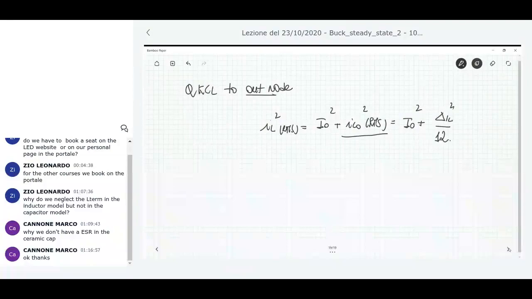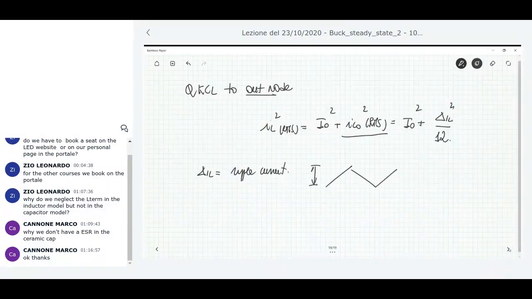Of course, delta IL has a specific expression, that is, V over L, 1 minus D, divided by Fs, etc. But delta IL is also what? Delta IL is the ripple in the inductor current. Okay? It is the variation of the inductor current.